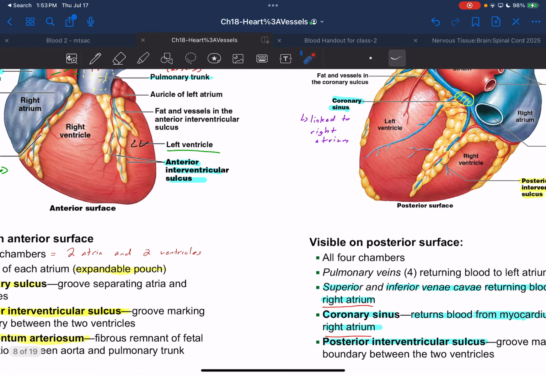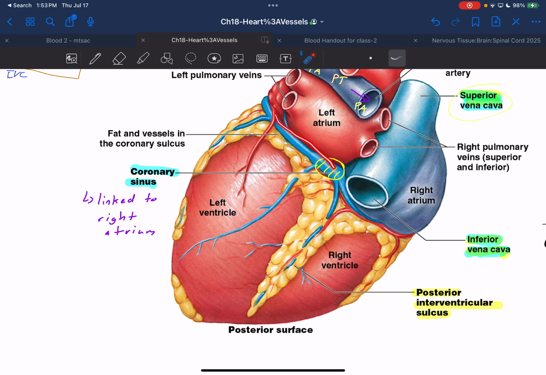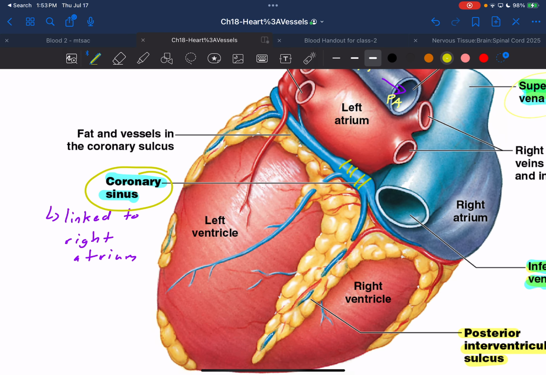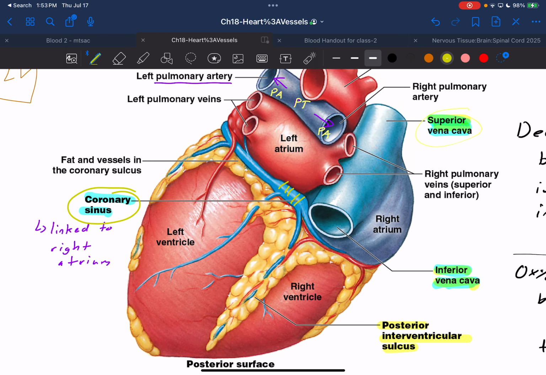If you flip the heart around, you'll see some of the same terms from a different aspect, like the coronary sulcus. And then you'll see this huge dumping site, this vessel that gets larger out of all the veins. This coronary sulcus does the same thing as the superior and inferior vena cava.